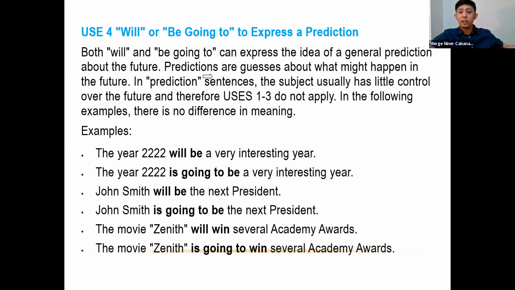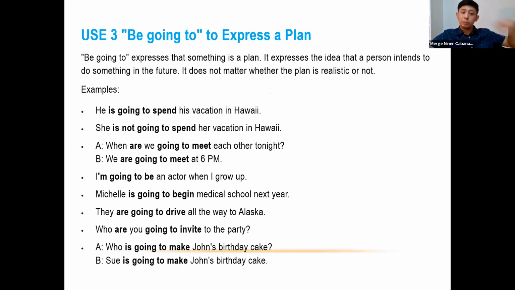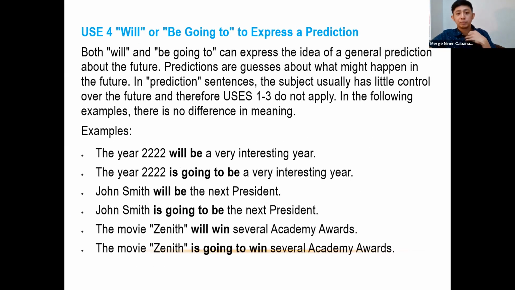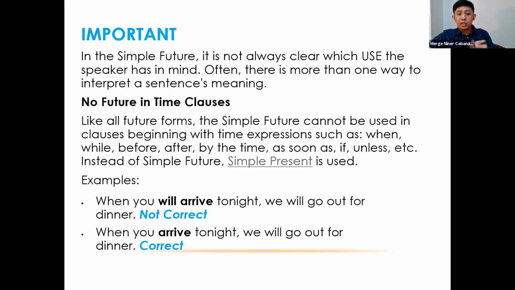So feel free to use them interchangeably, but refer to be going to for plan and will for promises and voluntary action. In the simple future, it is not always clear which use the speaker has in mind. Often there's more than one way to interpret a sentence's meaning. So remember, we also do not add time expressions such as when, while, before, after, by the time, as soon as, if, unless.